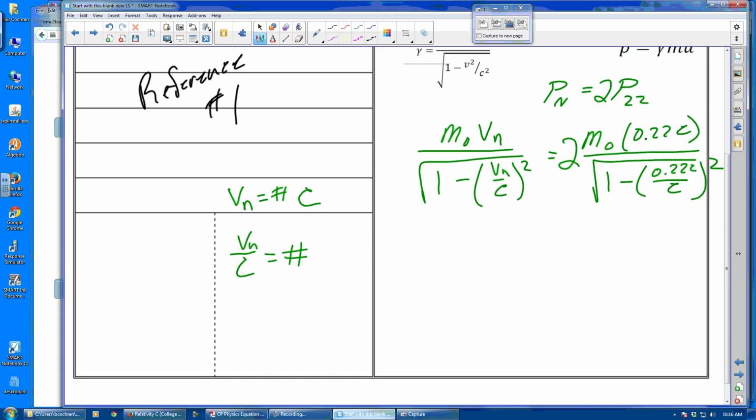So, doing a little bit of algebra, the masses cancel out, which is kind of nice.